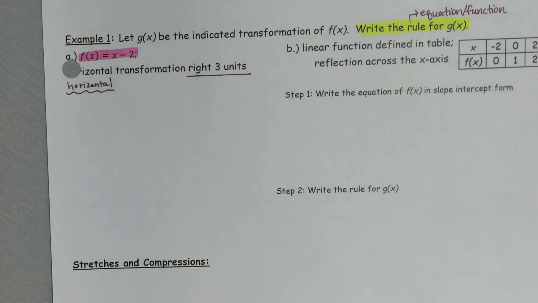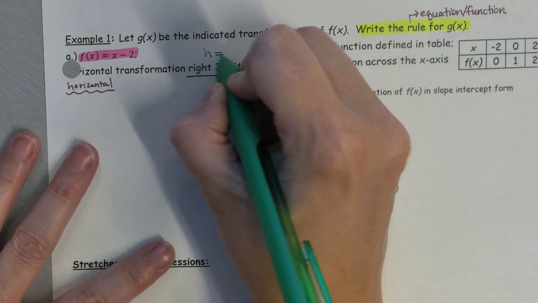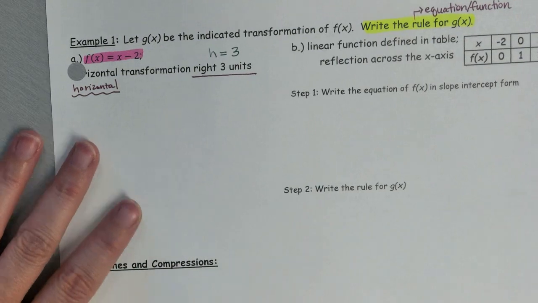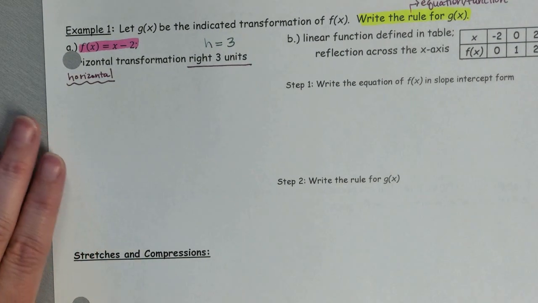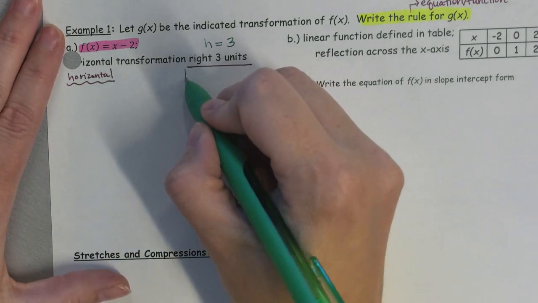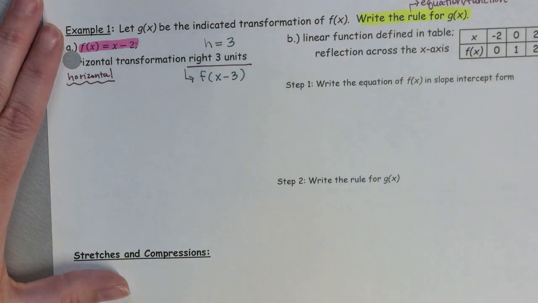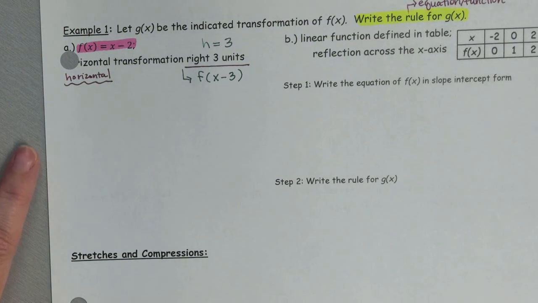Now, we just talked about when you're going right 3 units, that means your h value is positive. So your h value is 3. Okay, if you're going right, it means that it's positive. The rule is f of x minus 3. Right? F of x goes to f of x minus 3 because you're plugging it in to x minus h.